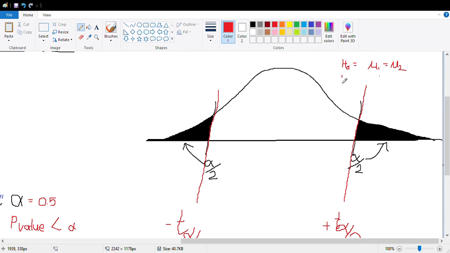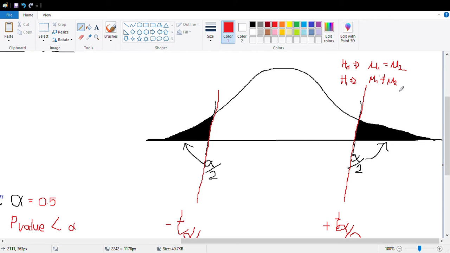And our alternative hypothesis states that the mean of the first set of samples is not equal to the mean of the second set of samples.